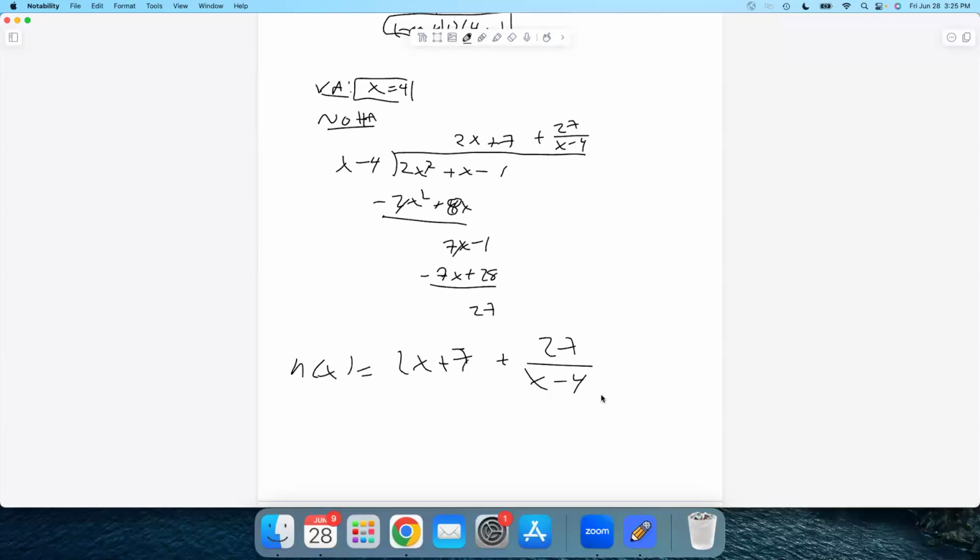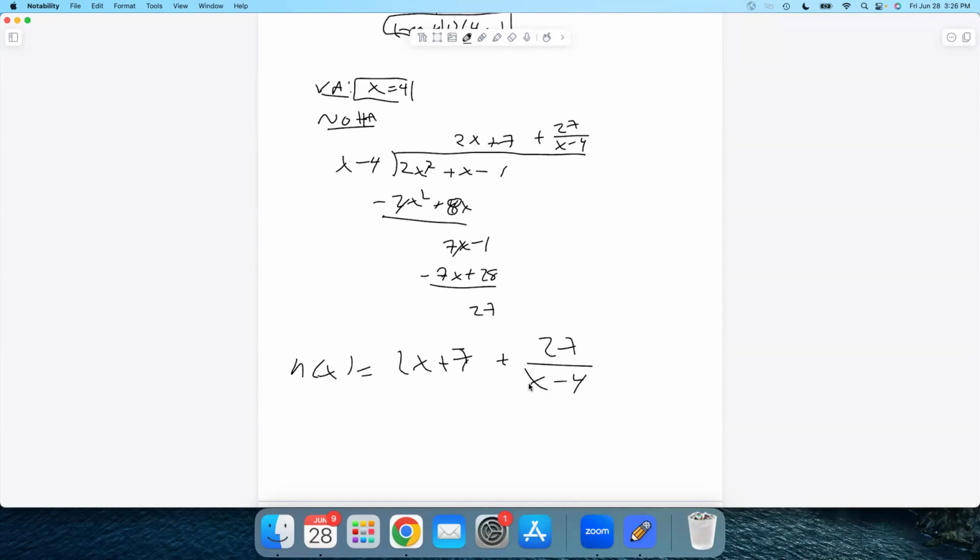Now, what do we care about? Why do we do that? Because what we're looking at here for any type of horizontal or slant asymptote is end behavior. What happens when x is really, really big? So for big x's, this whole term over here goes to 0. This gets smaller and smaller.